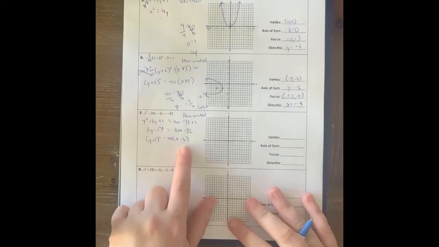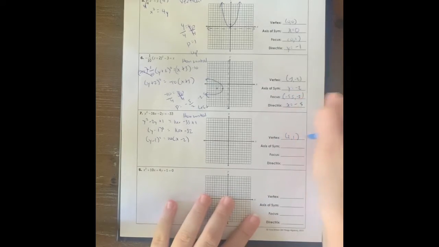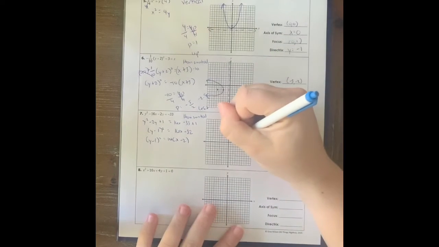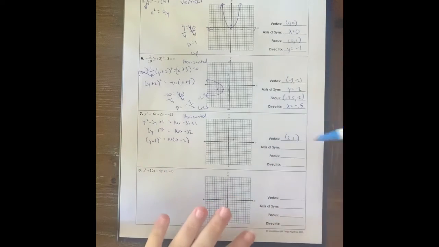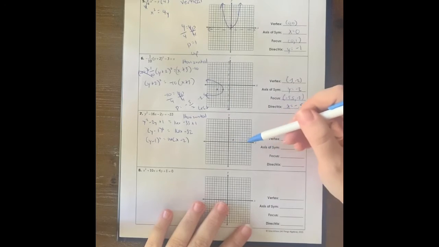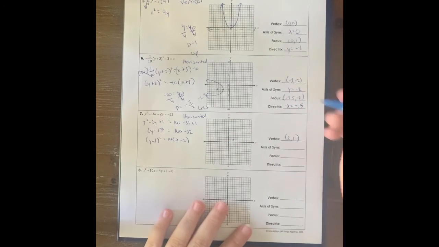Okay, our vertex is going to be 2, 1. Because this is horizontal, our axis of symmetry is going to be a horizontal line, so it's going to be y equals 1.